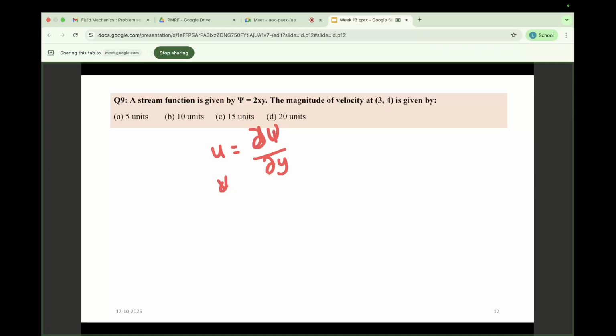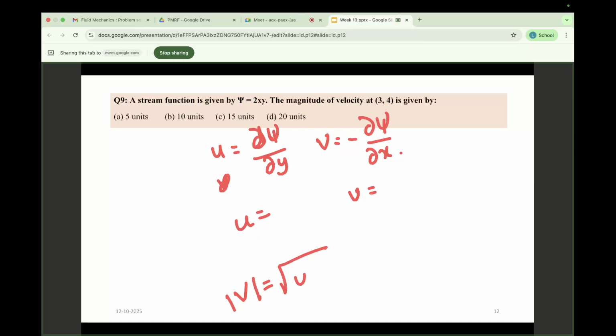That means it should always be the opposite. And in case of v, it should be the negative partial derivative with respect to x. So you just derivate this and find u and v. After that, the point is given, so you will get u and v, and after that you have to find the magnitude.